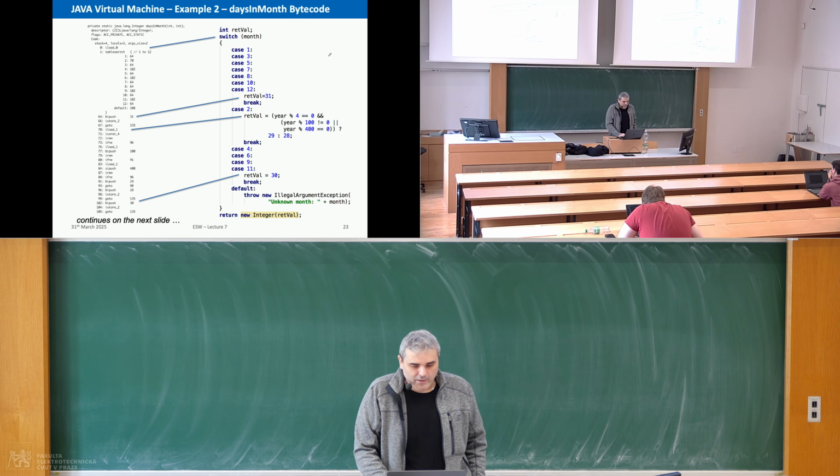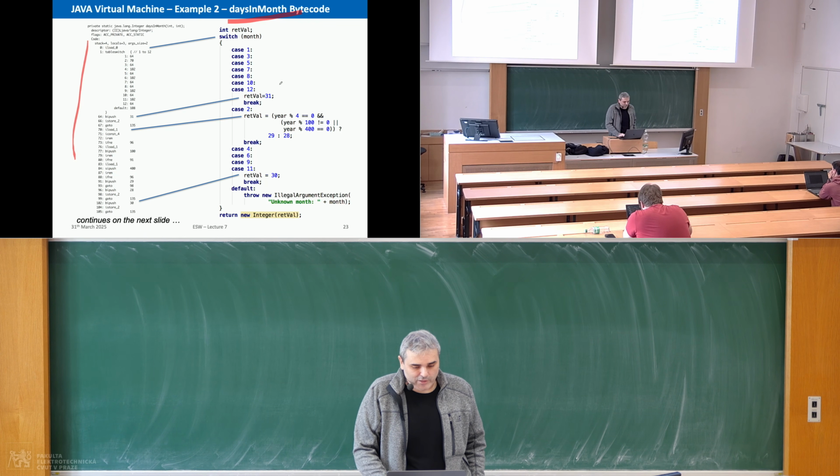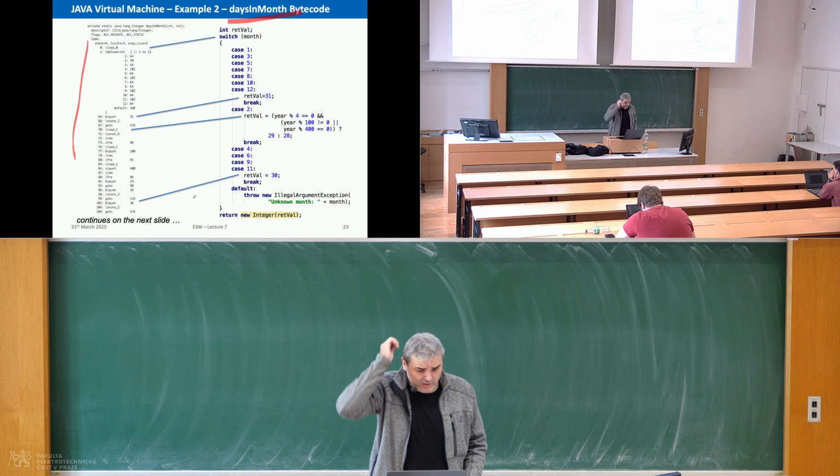So first, bytecode. Here we have our source code of the daysInMonth method. And you can see how it looks when we use not a decompiler, but rather a disassembler: how the bytecode looks for this method. You can see there is a kind of table switch with jumps to the proper locations, and you have here the mapping of the code, which continues on the next slide.